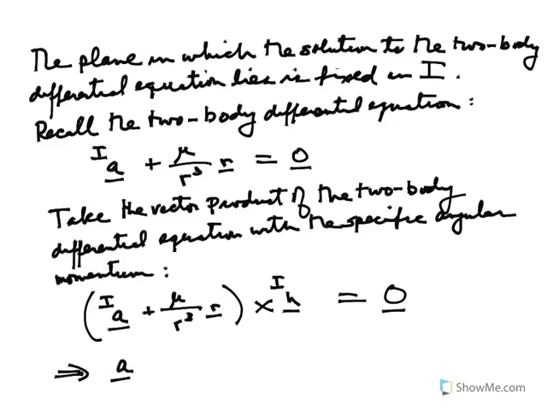So the first thing we're going to do is split this up into two parts. I get ai crossed with hi plus mu over r cubed times r crossed with hi, and it's still equal to 0. Now let's look at each one of these terms. Let's look at the first term.